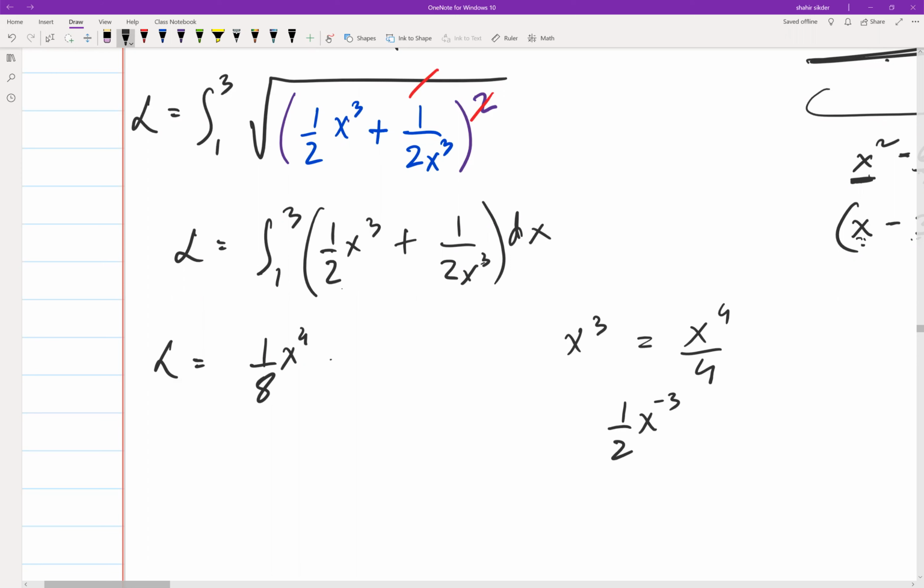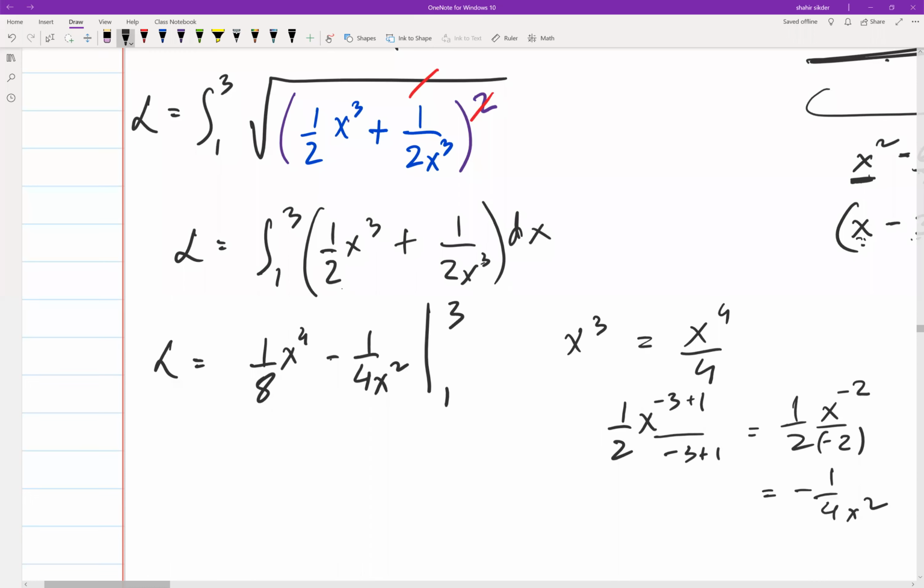So -3 plus 1 divided by -3 plus 1, so it would be 1/2 x to the -2 all over -2. So this would be -1/4 x squared on the bottom. And my bounds are 1 through 3.